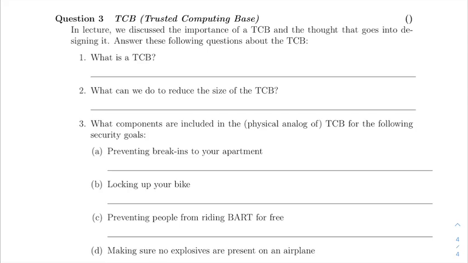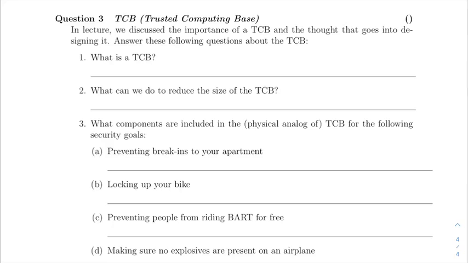So again, if you haven't done the problem, I recommend you take a minute to stop and think about it, but I'm just going to dive in. So TCB refers to the set of hardware, software, firmware, anything about your system that you rely upon to make sure that the system is secure.